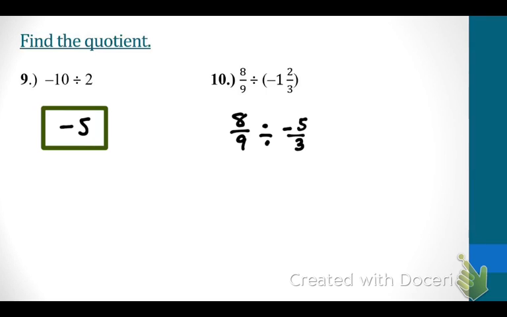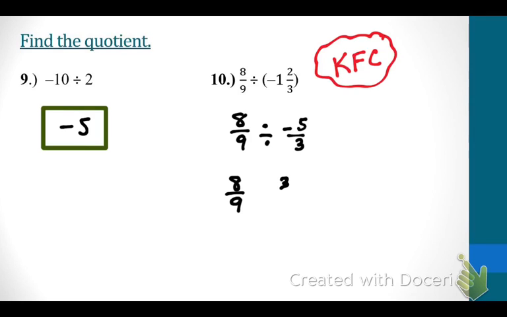Now, we have learned something about dividing fractions. What have we learned? You can't divide fractions, so we need to use KFC. Write yourself a little note off to the side to use KFC when you get to a problem like this. We will keep the first one, flip the second one, and change that operation. Zion, what can I cross-reduce? Okay, what do they become?